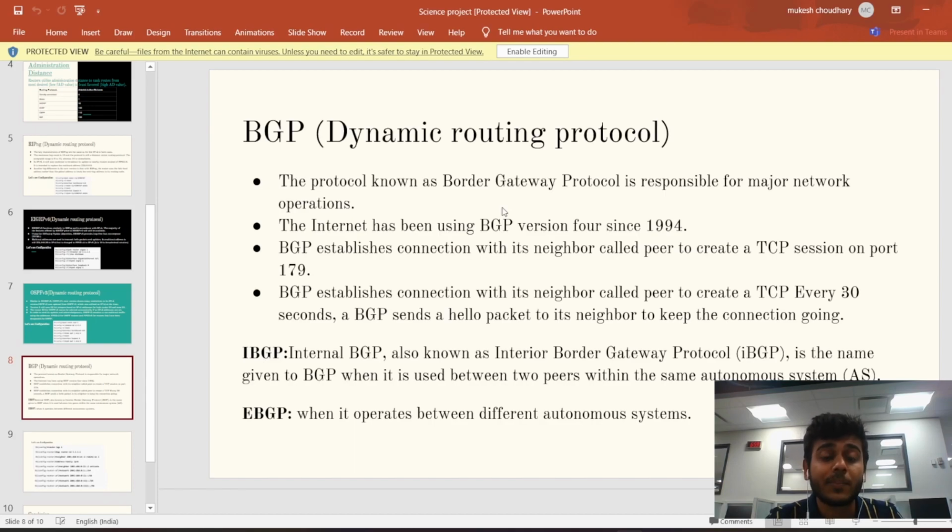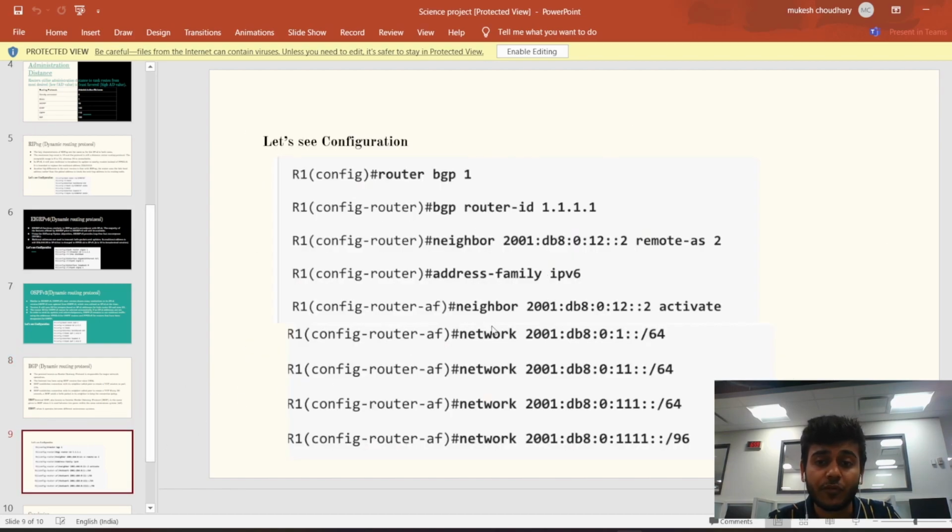So this is what BGP is all about. There are two types of BGP: iBGP, the name given to BGP when it's used between two peers within the same autonomous system, and eBGP, when it operates between different autonomous systems. And here's how BGP is configured.